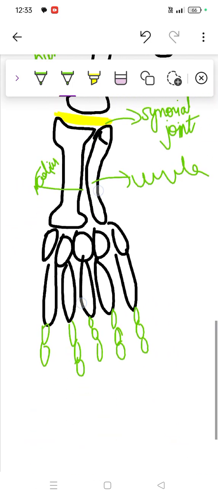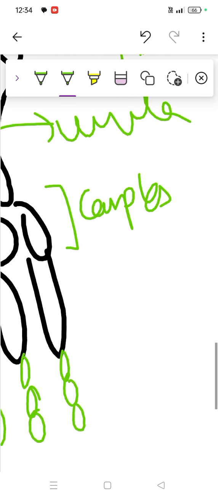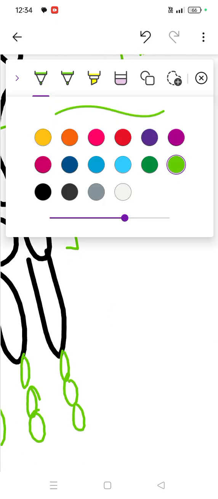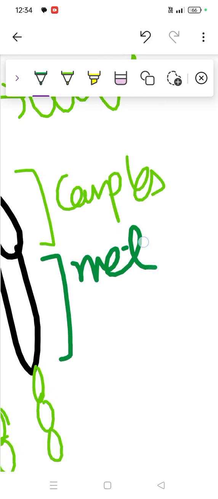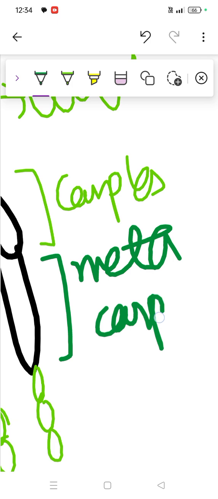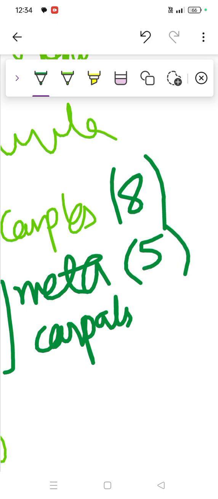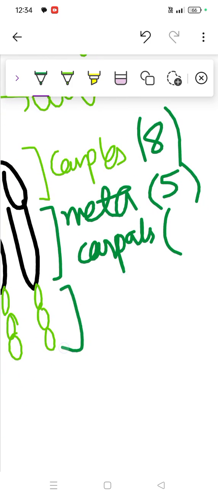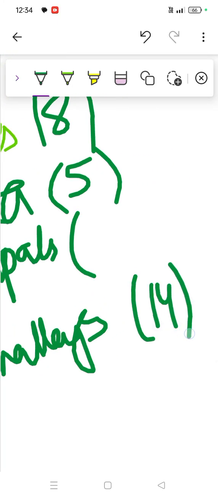Then this structure is called carpals, and this structure is called metacarpals. Carpals are around 8 in number, metacarpals are 5 in number, and these last ones are called phalanges. Phalanges are around 14 in number.